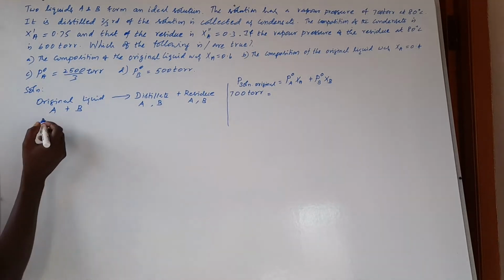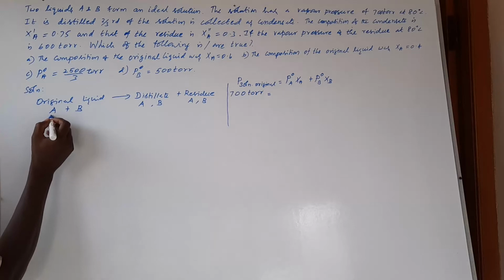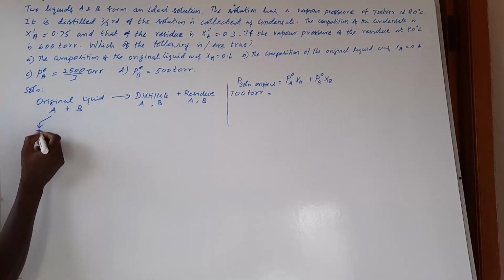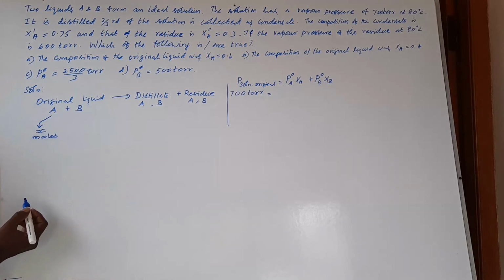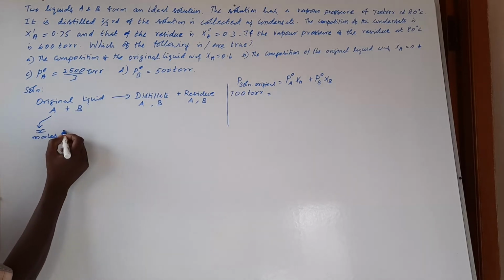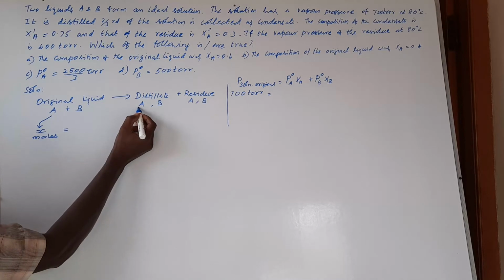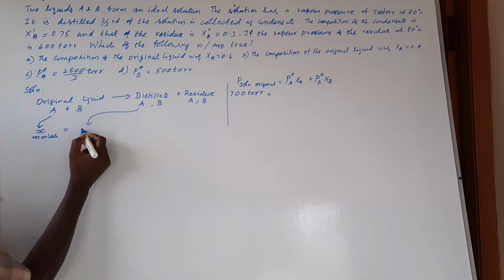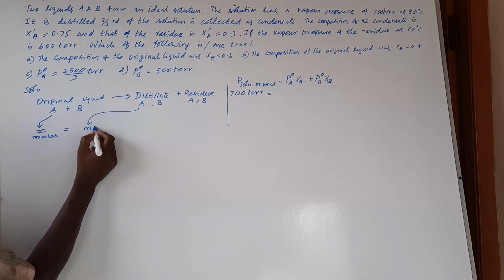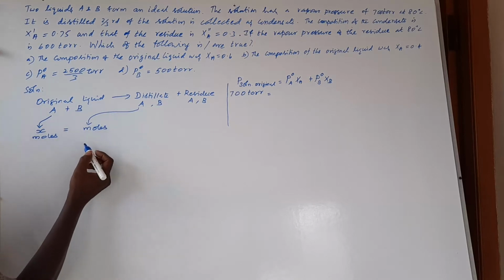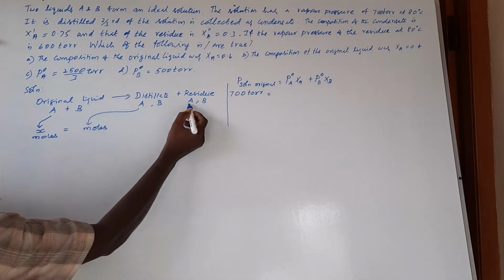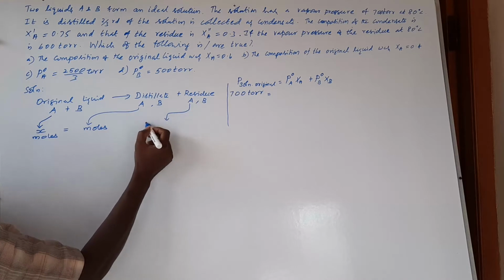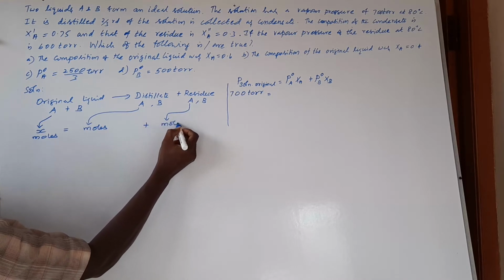We will consider the number of moles of A in the original liquid is X. This is the number of moles of A in the original liquid. It is equal to number of moles of A in the distillate and number of moles of A in the residue.